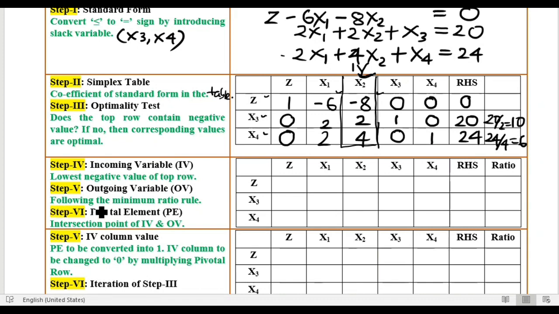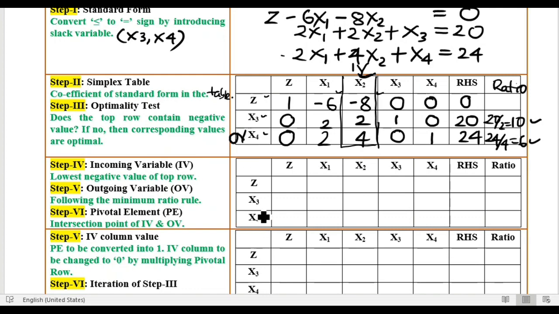Following the minimum ratio rule, I got 6 as one ratio and 10 as another. The minimum ratio of these two is for x4. Hence, this becomes my outgoing variable.